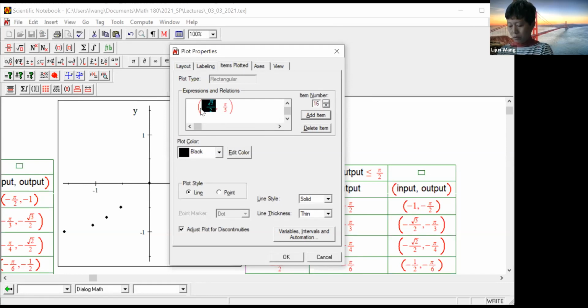This is gonna be 0, 0. You know what? I need to go back there. I forgot to do something. Okay. This should be a red dot.